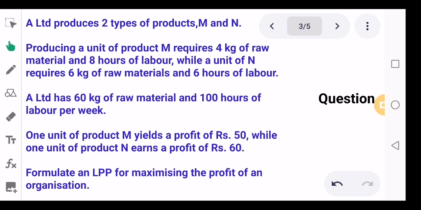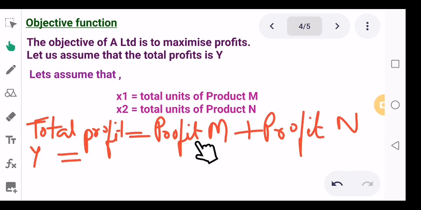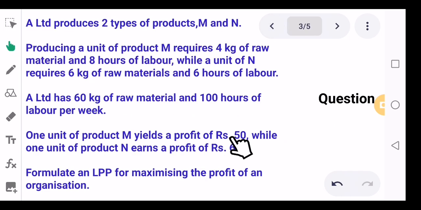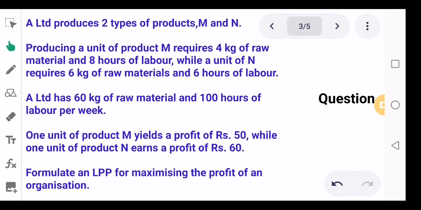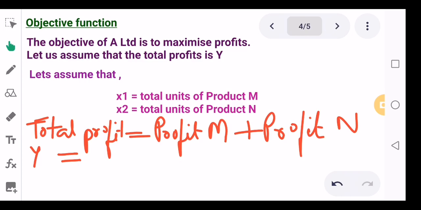So total profit from M is nothing but the number of units of M that we produce into rupees 50, and the total profit from product N is nothing but the number of units of product N that we produce, into the profit per unit, that is rupees 60. Let me write it down a little more clearly.